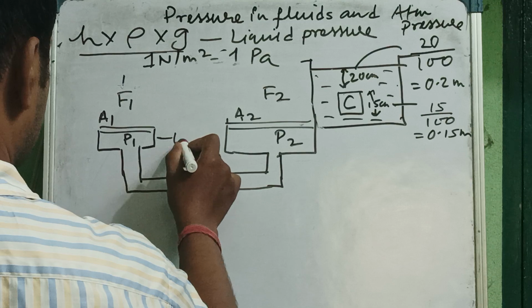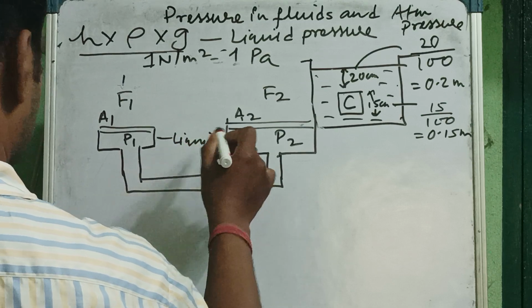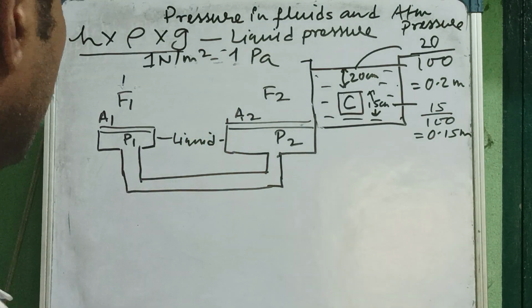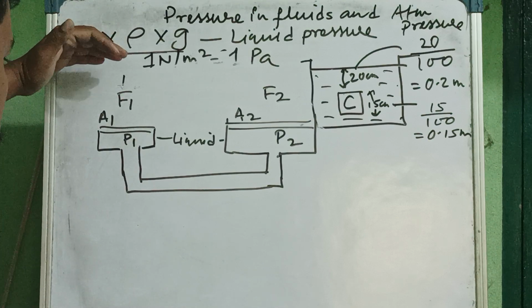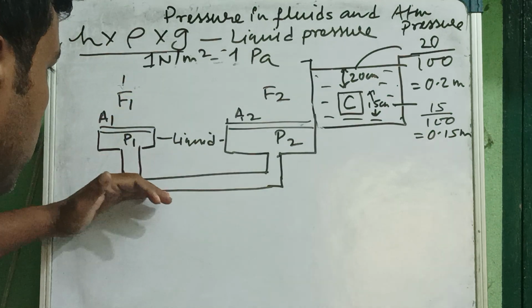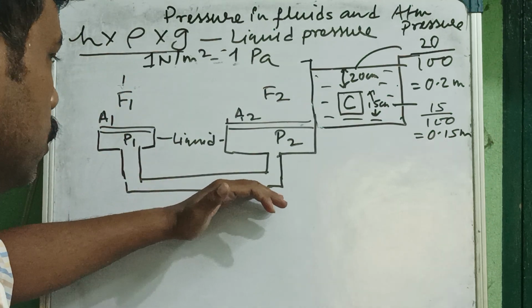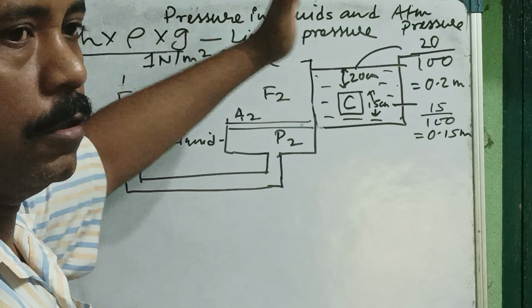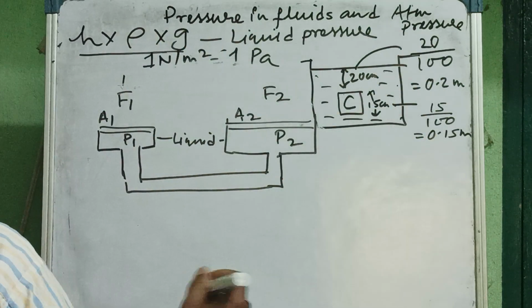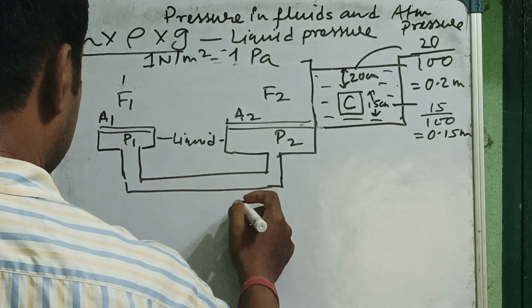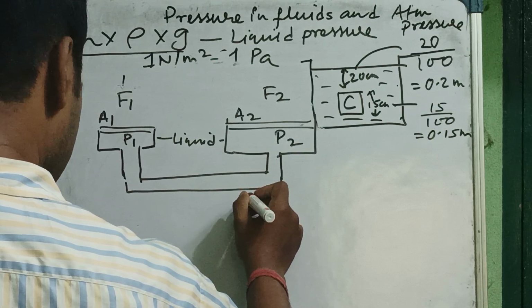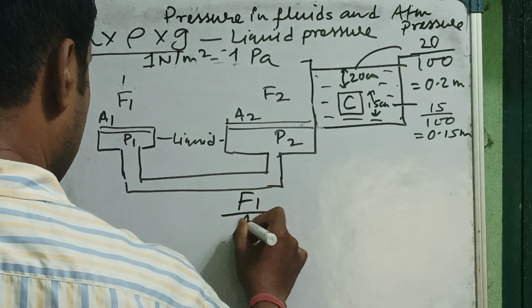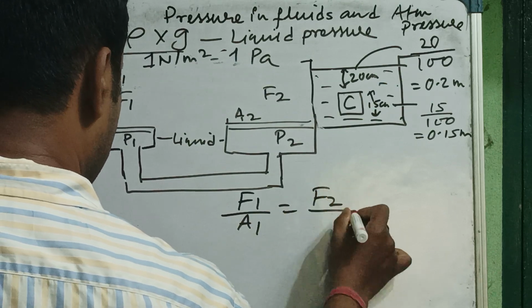Both are liquids. So there are two pistons, piston P1 and piston P2. If force is exerted on piston P1, then the liquid is transmitted through these lines and goes upwards. And the formula is F1 by A1 equals F2 by A2.